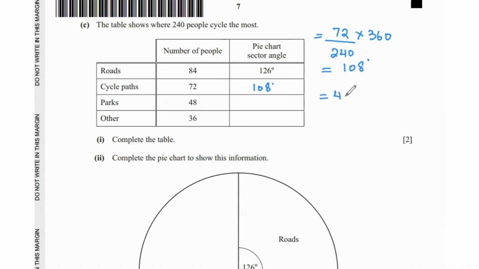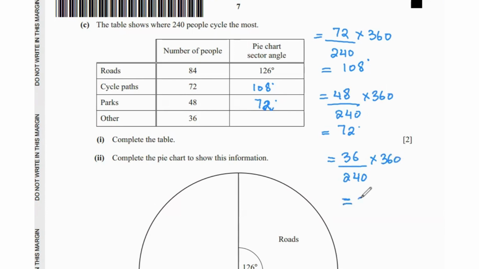Then for the second one, that's going to give us 72. And for the third one, that's going to give us 54.